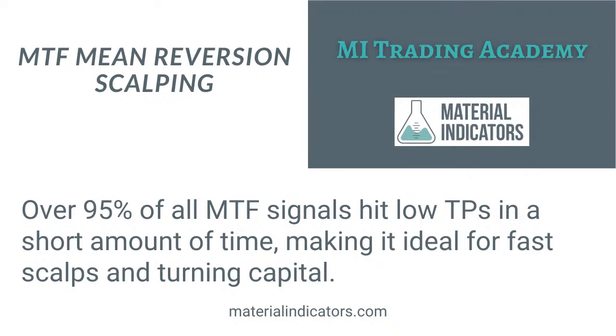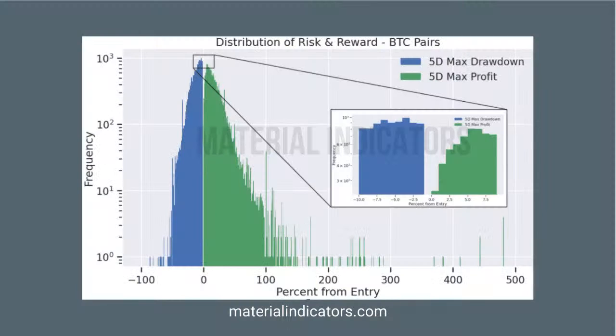The numbers I'm going to share with you here, I'm focused on Bitcoin. So here's a snapshot of a graph that shows the distribution of risk and reward, meaning the max drawdown is the blue side, and the max profit is the green side. And as you can see, there are a few that go into the stratosphere here.